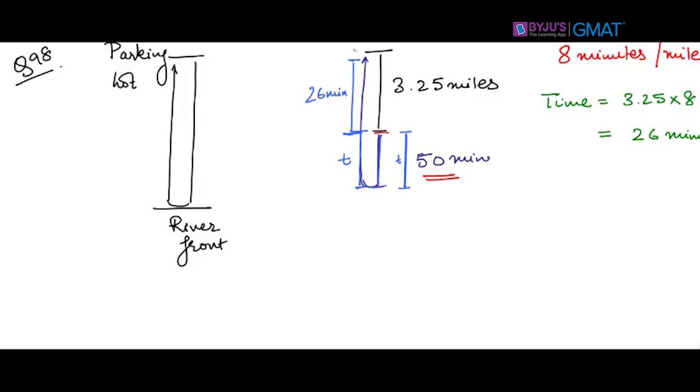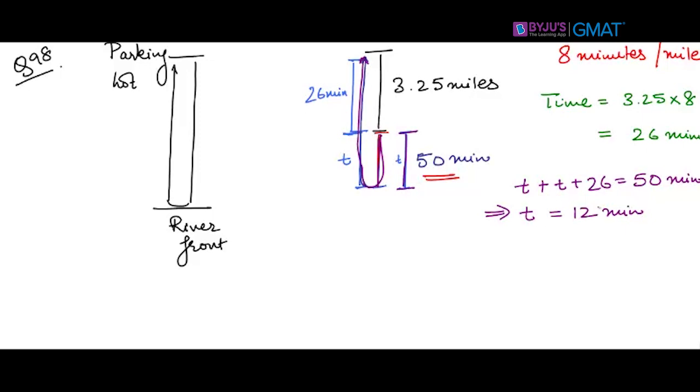Now, the total time he should take to cover the entire distance is 50 minutes. So in short, t plus 26 should be equal to 50 minutes. If I simplify, t is 12 minutes.